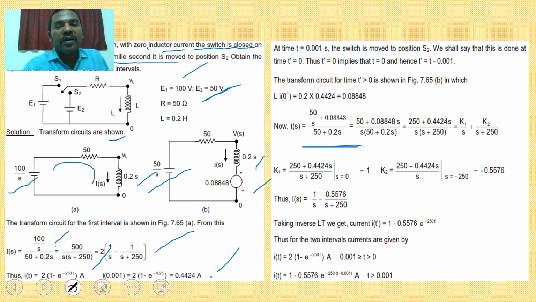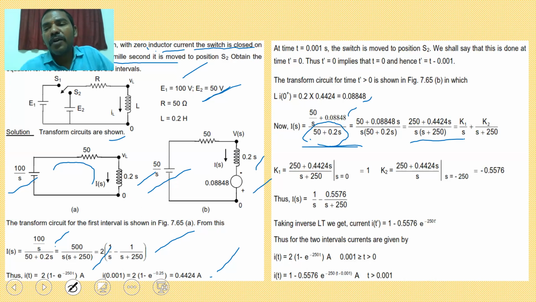So total voltage divided by total impedance. Then if you go for the multiplication, 50 plus 0.0884 s divided by s into 50 plus 0.2 s, then we are getting 250 plus 0.4424 s divided by s into s plus 250.